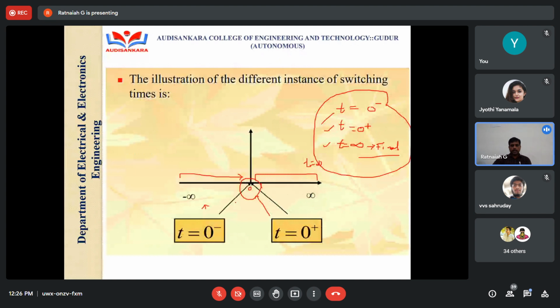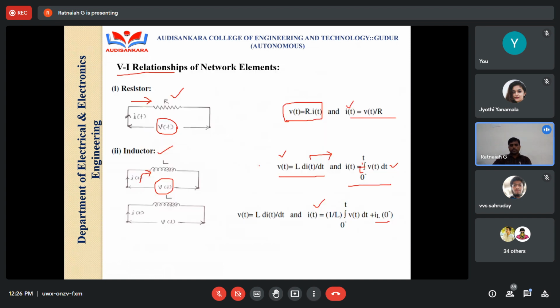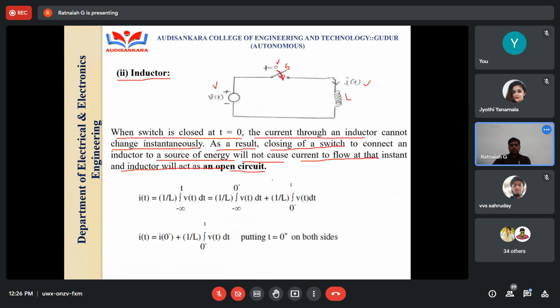If you take the graph, I am always taking the duration of the signal, current or voltage, from minus infinity to 0. Now minus infinity to 0 can be split into two parts: from minus infinity to 0 minus, and from 0 plus to t. So for an inductor, i(t) is equal to 1 by L integral from minus infinity to t, v(t) dt.